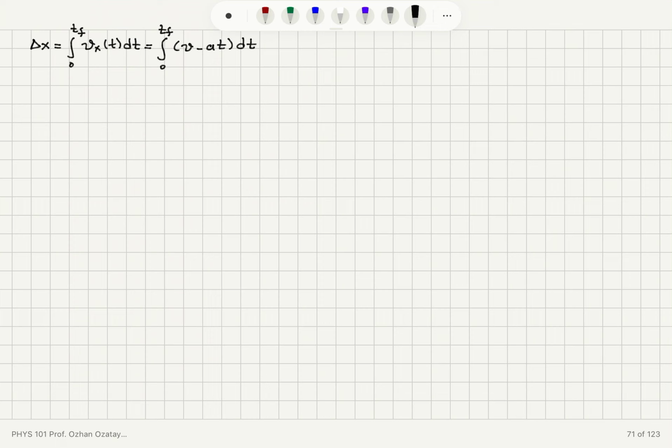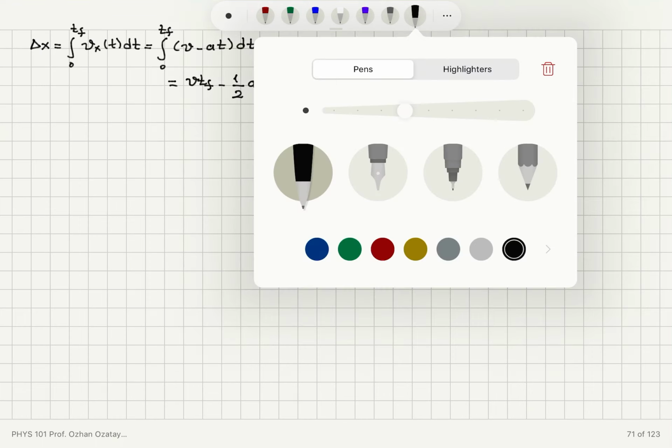So the final position on the x-axis is 0. Therefore, v times tf minus 1 over 2 a tf squared, that is this integral evaluated between tf and 0, because it's 0 at 0, we obtain this.